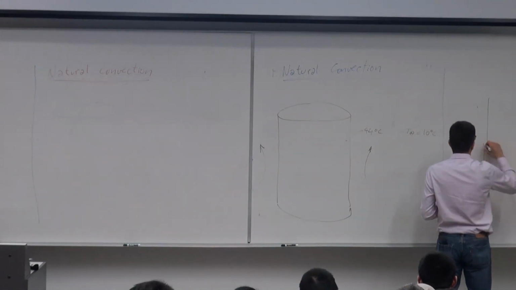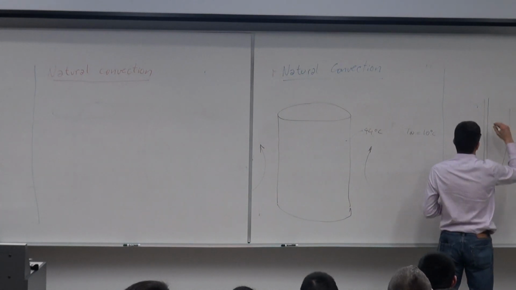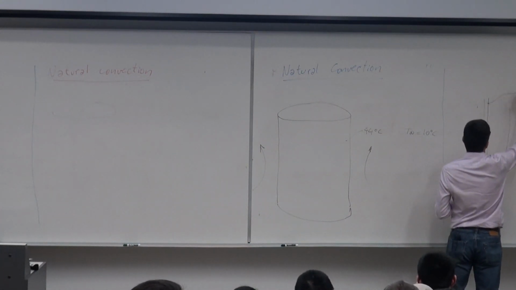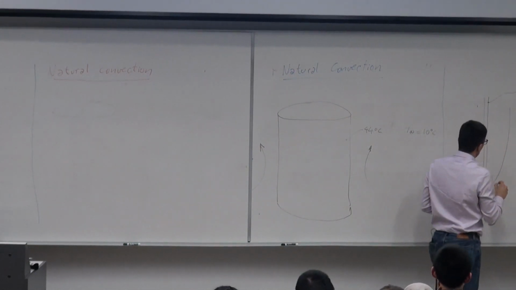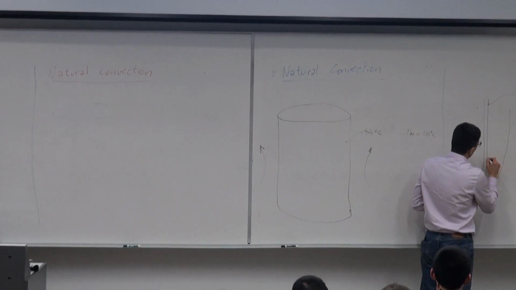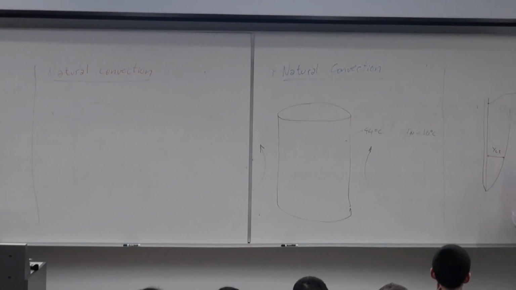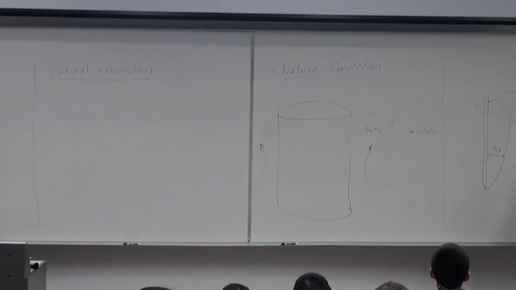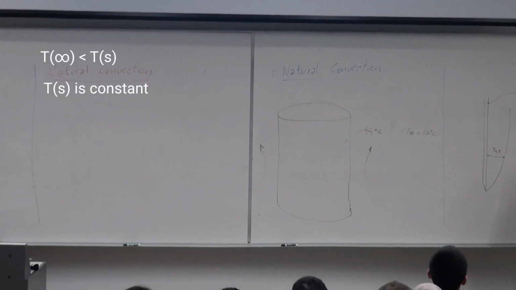If you remember, we would put the vertical plate here. If it is hot, we develop this boundary layer here. This is Ts, this is T infinity, and so this would be y, right? And we said, in this case, T infinity is less than Ts, but we said Ts was constant.